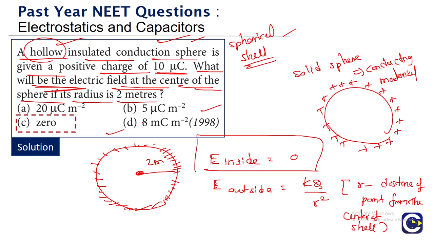So whatever result we have for the spherical shell, the same result holds for the solid conducting sphere also. A solid sphere has bulk matter in its volume, while a hollow sphere is like a shell.